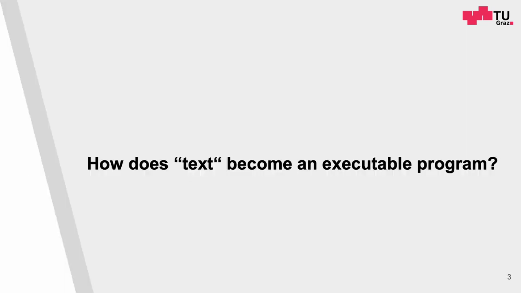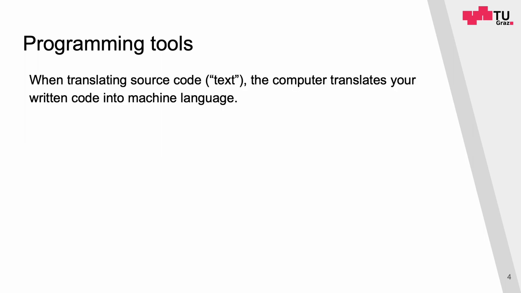So one of the main questions is, how does text which we type into the computer become an executable program? And this is exactly what those programming tools do. When translating source code, or in short text, the computer translates your written code into so-called machine language.